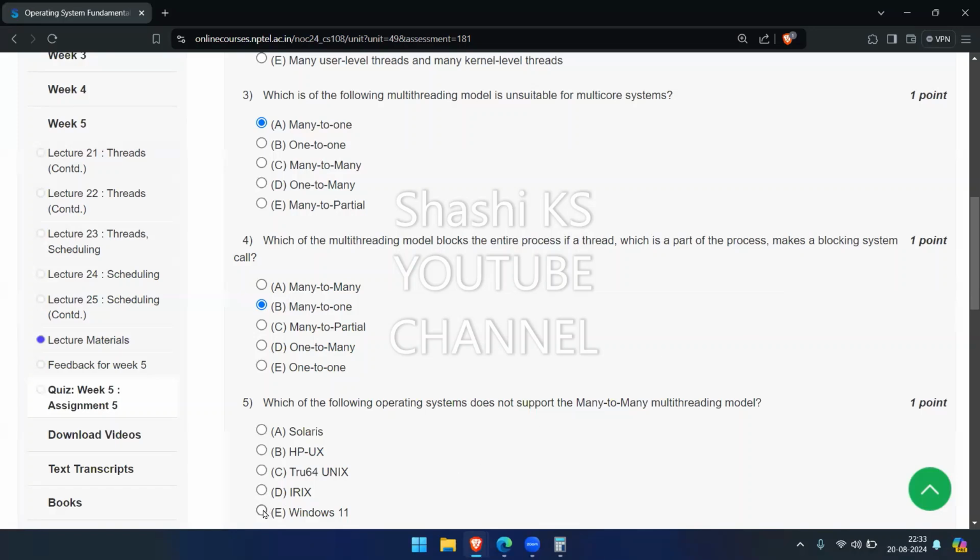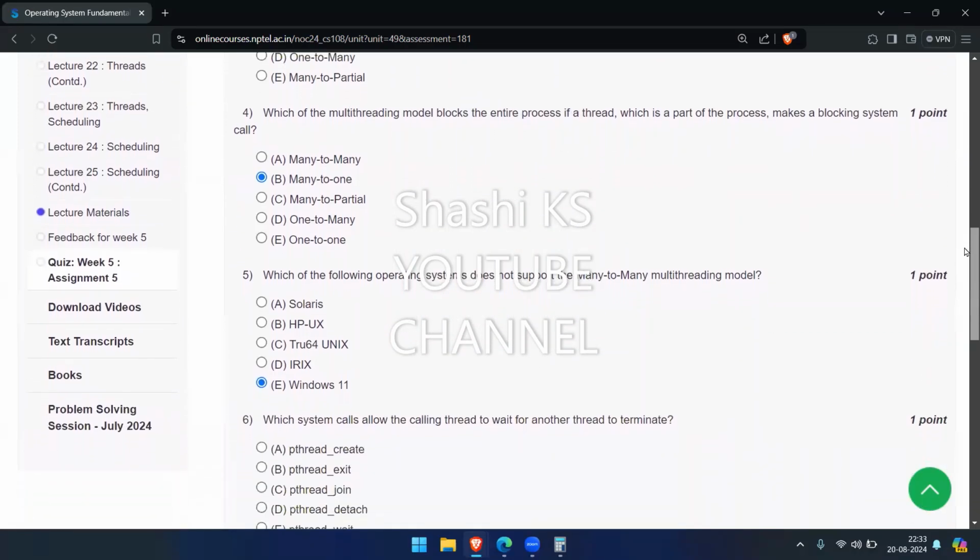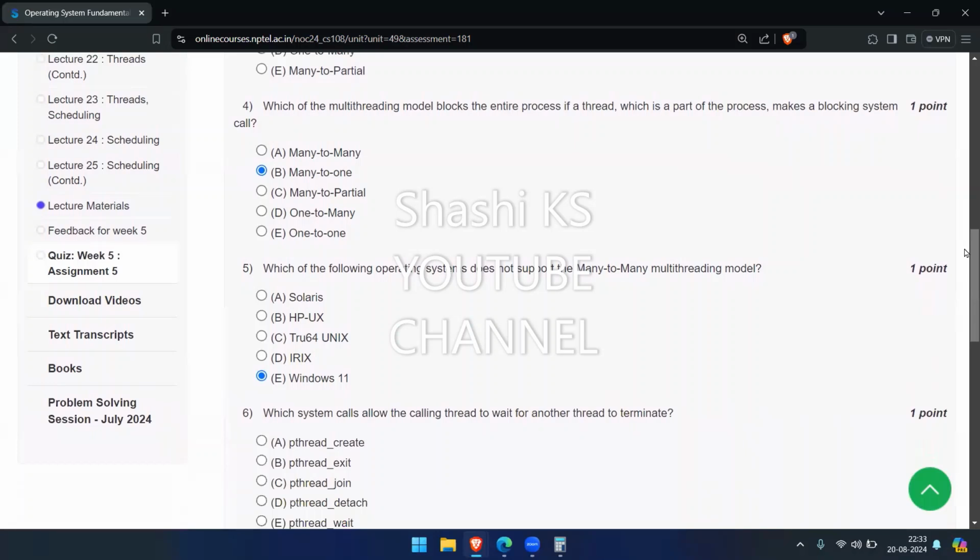The right answer is Windows 11. The next question is, which system call allows the calling thread to wait for another thread to terminate? The pthread_join system call allows waiting for the thread to exit. So the right answer is option C.